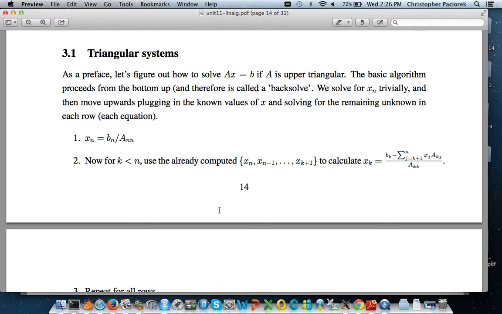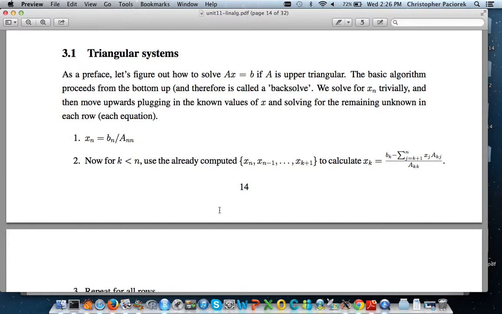So what I'm first going to do is say, what if we start with a triangular matrix? We'll see that that's easy to deal with. And then the next step will be, how do we transform a problem from a full matrix to a triangular matrix?